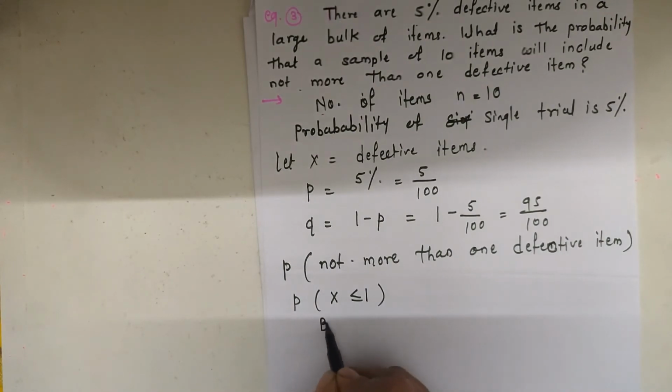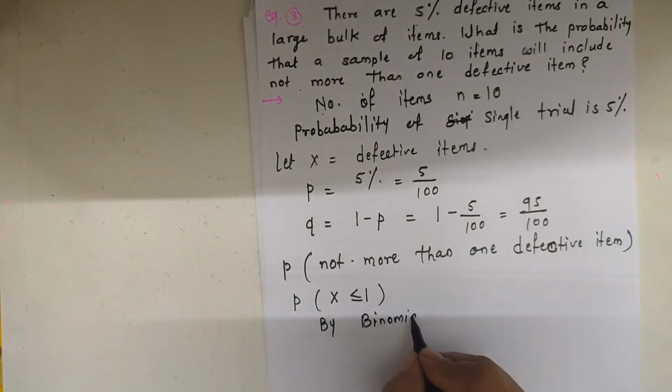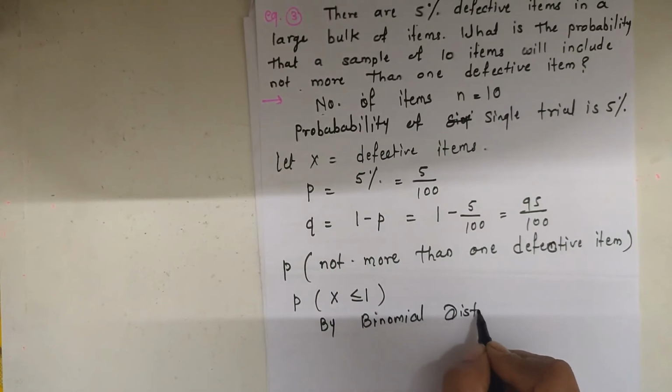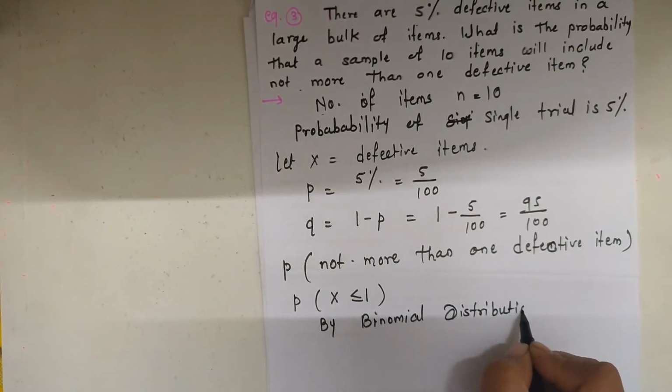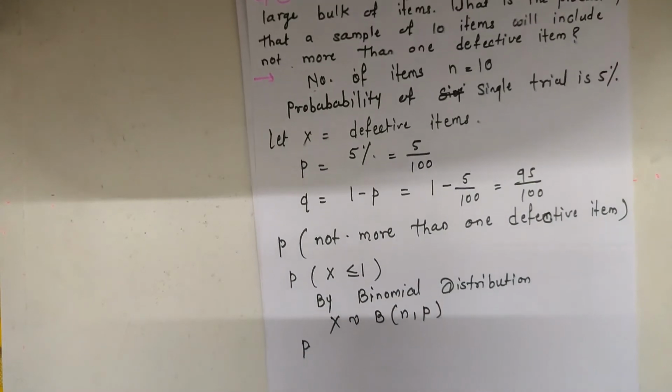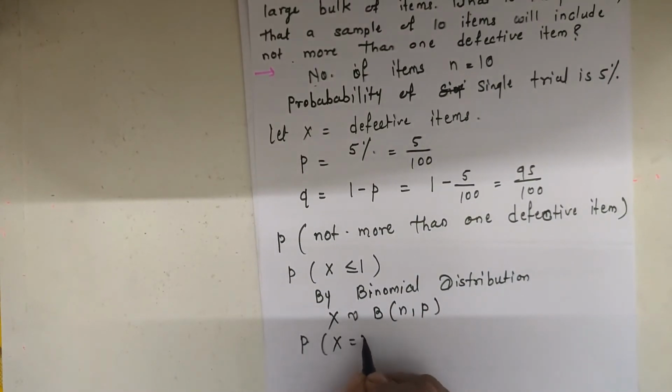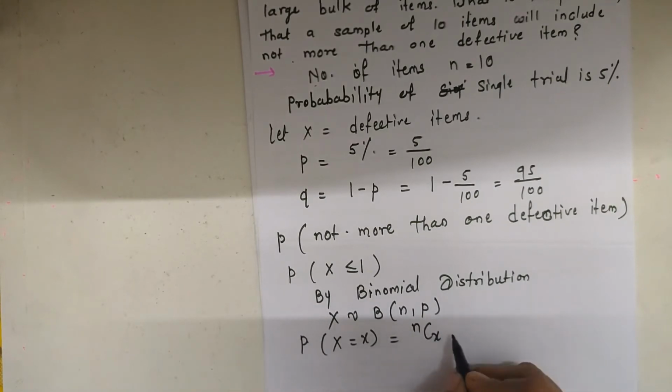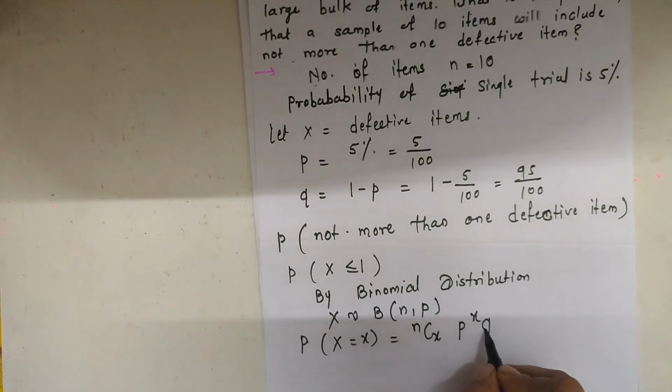So by using binomial distribution, X follows binomial distribution with n and p. So the probability of X is equal to x. We know that the probability for X is equal to x is nCx p raised to x q raised to n minus x.